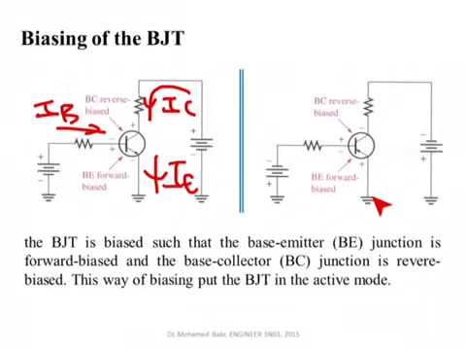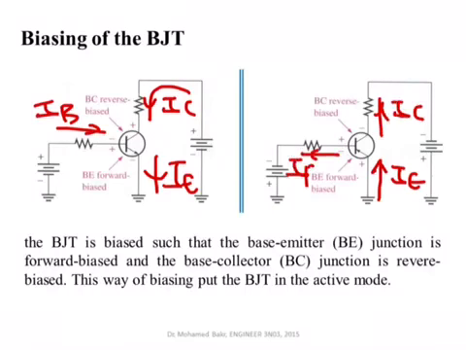We're trying to make the emitter more positive than the base, and more positive than the collector as well. This one makes the emitter more positive than the collector, while this one makes the emitter more positive than the base. The current in this case will be flowing this way. This is the emitter current, flowing into the emitter. This is the collector current flowing out, and this is the base current.